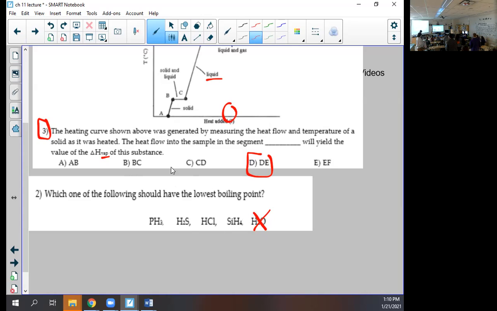Oh, actually no, it's H2S. This is it, for sure. No argument. Is it because it's a gas at room temperature? It is a gas at room temperature. It's less polar, it has no hydrogen bonding, and it's smaller.